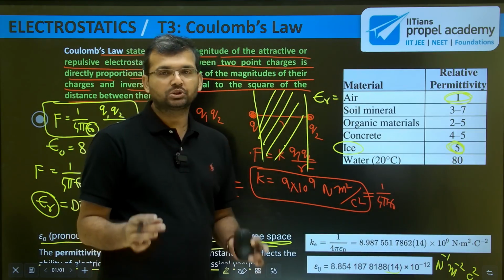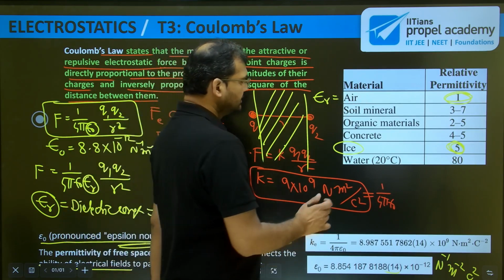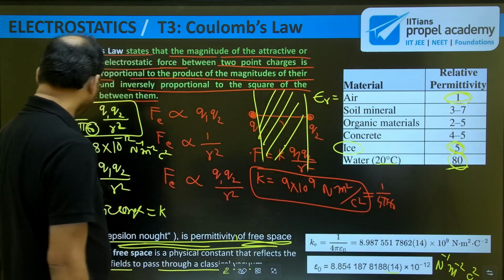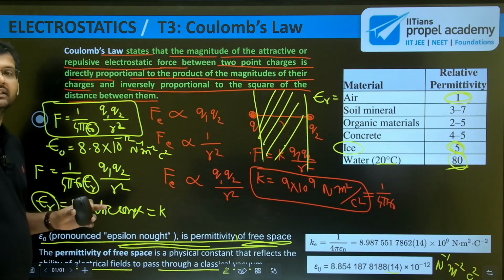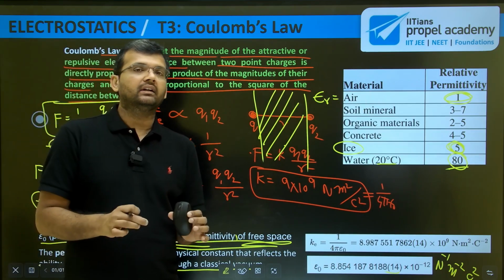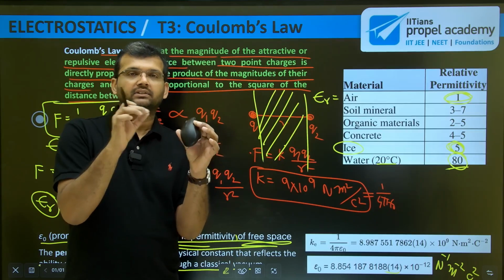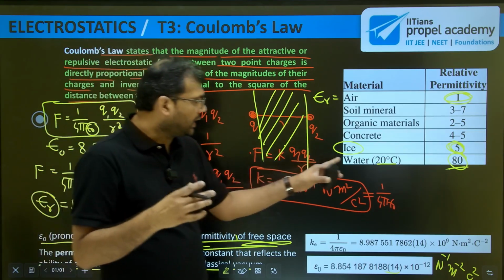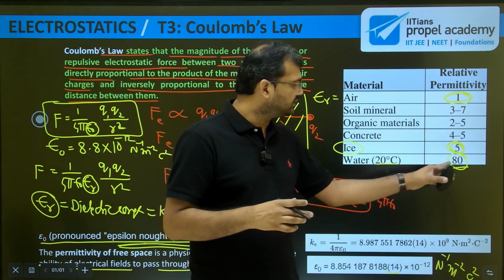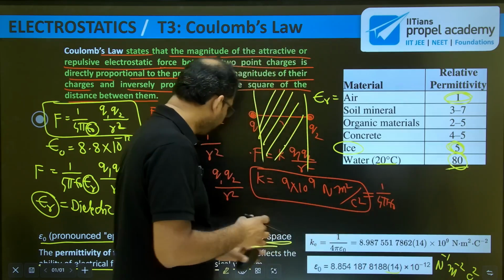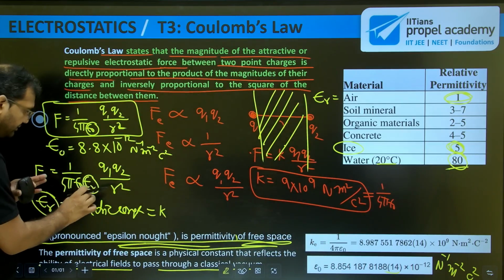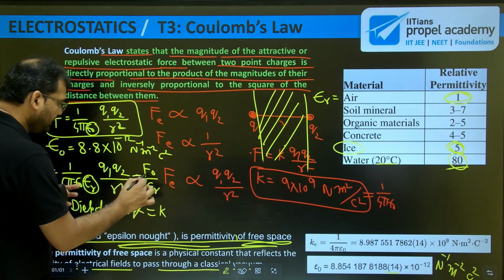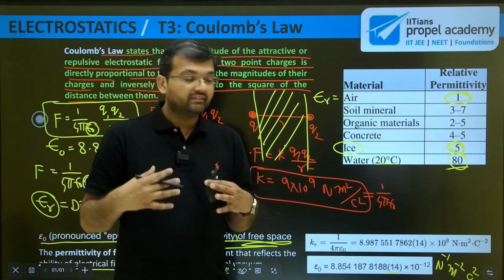If you have two charges in water at 20 degrees centigrade, you need to divide with 80, which means compared to air, if you have two charges in air, you have some force F, and you keep two charges in water, then 80 is the dielectric constant, which means you have to divide F with epsilon R, which means you need to divide with 80.